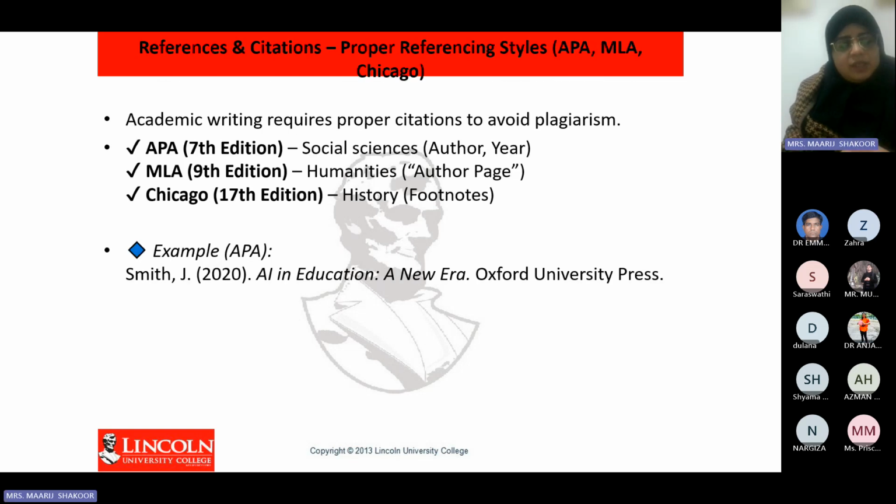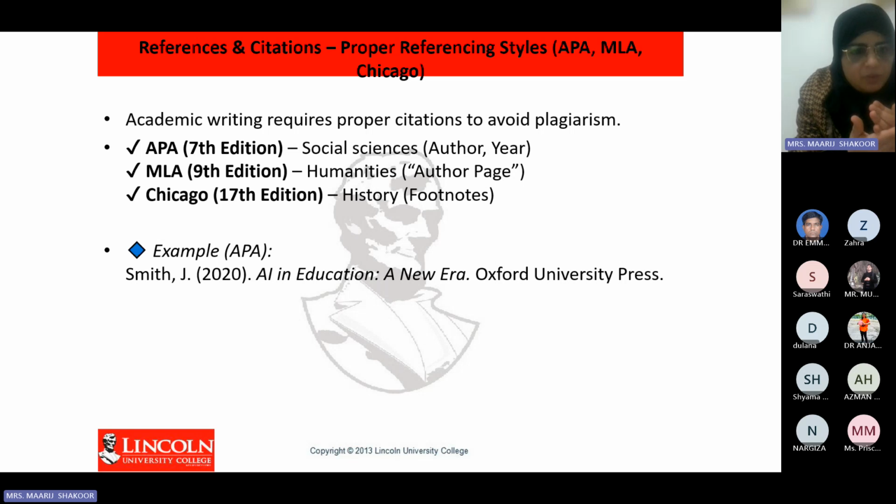Yes, references and citation. You can't ignore it. You just have to memorize it: if you are going to write something according to the university guidelines and rules, you must check whether it is APA style.